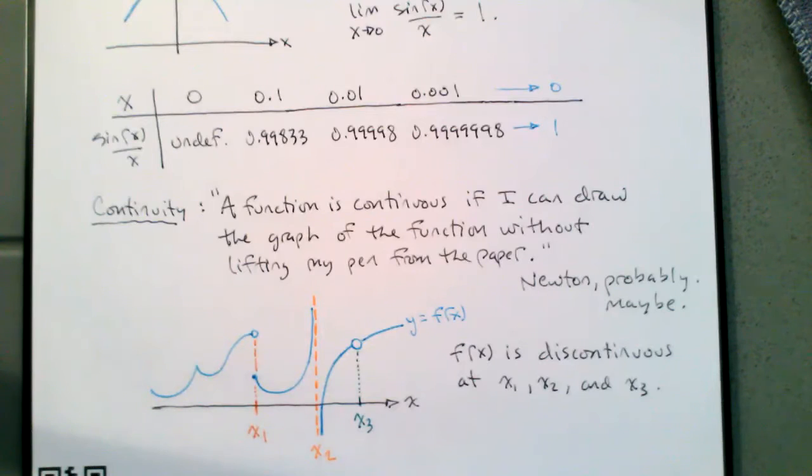There are only 3 points where we have to lift the pen from the paper. So continuity is a point-by-point thing. It happens at a point. Discontinuities can happen at as small a location as a single point. So our definition for continuity will be centered around a point.